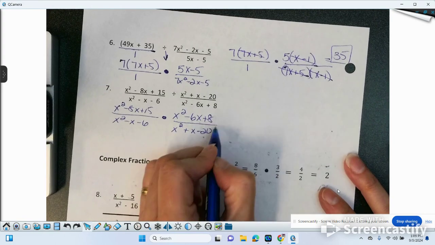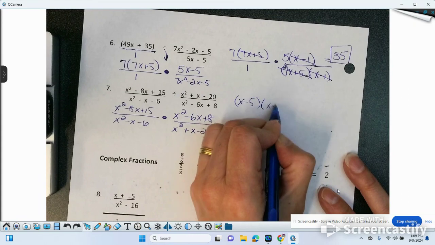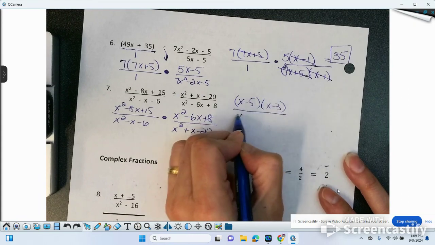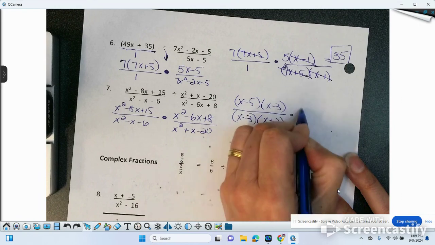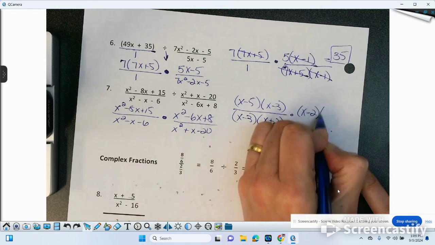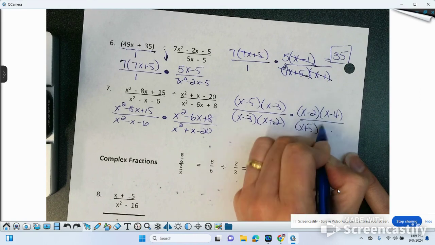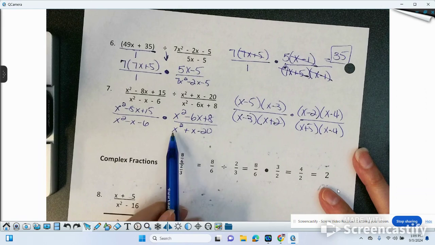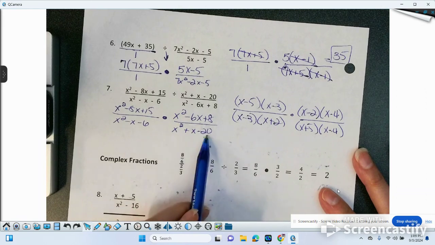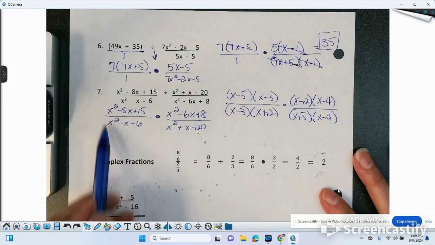Okay, so I'm going to come up here, and it's going to be an x minus 5 times x minus 3, x minus 3, x plus 2, x minus 2, x minus 4, and x plus 5, x minus 4. Again, all I'm doing is asking myself what numbers multiply to give me a negative 20 while adding to give me a positive 1. And since these were all 1s, I could do the shortcut with all of these.